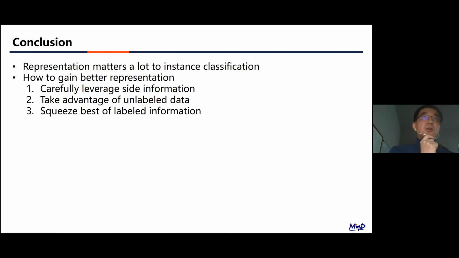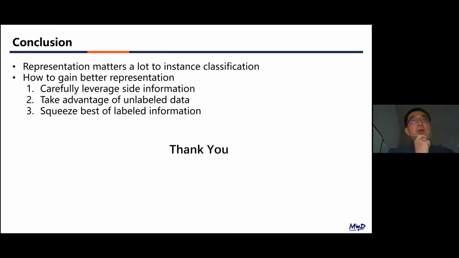From the first few examples I showed in the image search, on one hand it's important to leverage the side information, but on the other hand, it's very important to see how you can reduce the noise in the side information, because that noise can actually cause serious damage in the final representations.